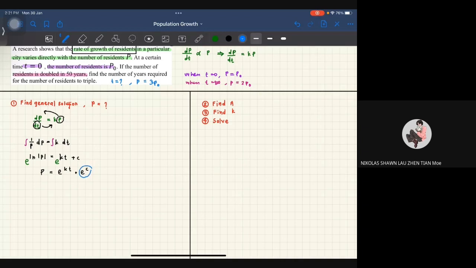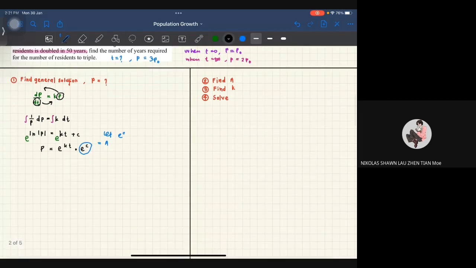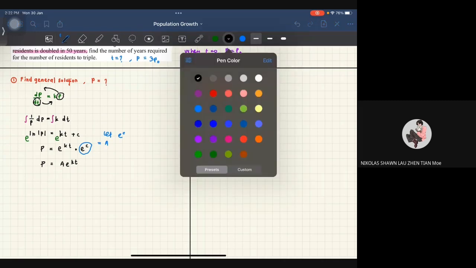So I let EC jadi sebagai E. Okay, so we let EC into E. Okay, and then saya akan dapatlah dekat bawah sini, I will get A, E, K, T. Settle equals to P. Okay, so this is the first part which is find the general solution.